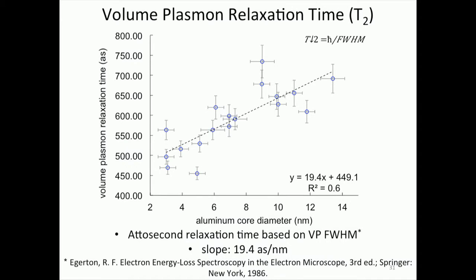Another interesting thing is that if we have a linear fit to this data set, we get a slope of 19.4 attoseconds per nanometer. So this means that if we're able to control the feature size with 1 nanometer precision, we will be able to change the volume plasmon relaxation time or the dephasing time by 19 attoseconds. So we suggest that probing volume plasmon lifetimes or relaxation times in these nanostructures might be very interesting for attosecond science.